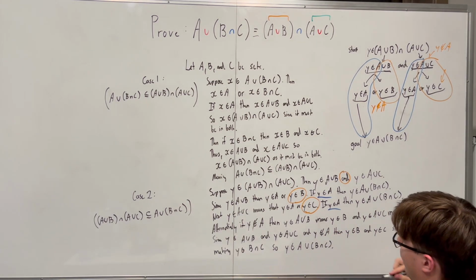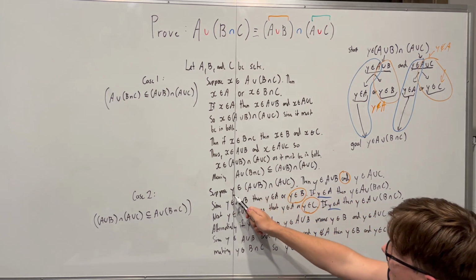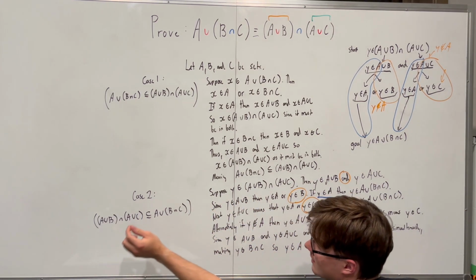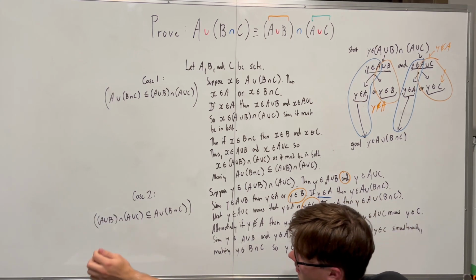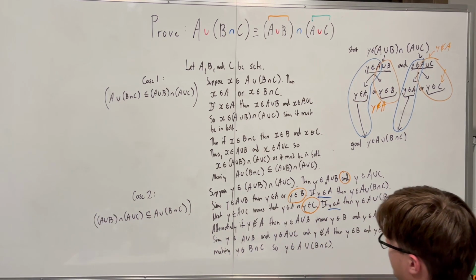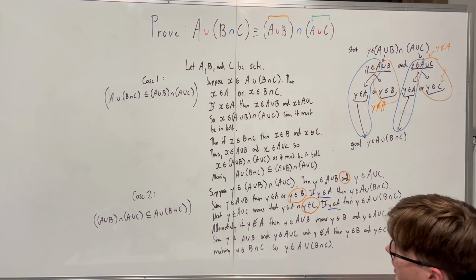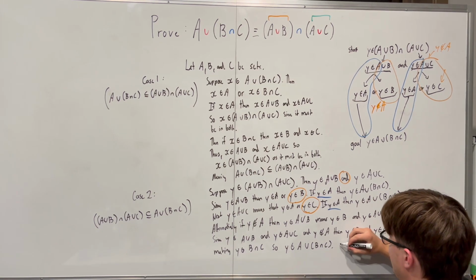And then we want to conclude our final statement that because we've shown that any element in here is going to be an element here, that means this is going to be a subset of this. So let's quickly finalize, just write a quick sentence explicitly stating that.